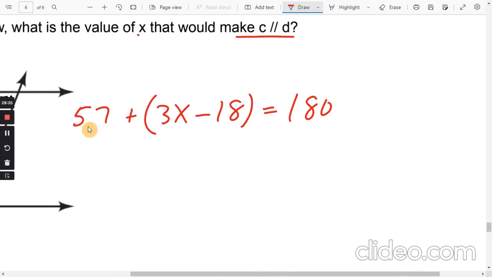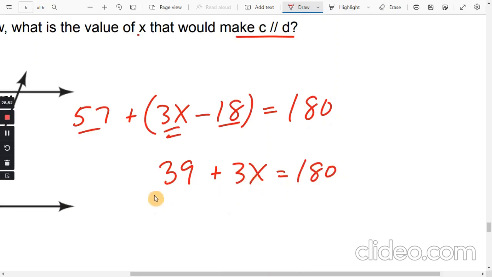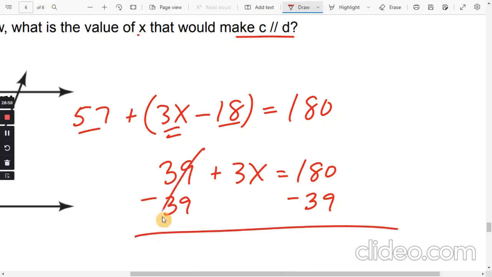Combining likes, 57 minus 18. Let's see, 57 minus 20 is 37. That's going to be 39. And we still have 3x, nothing to combine. Equals 180. Okay, solving for 3x. We want to get rid of 39. Cancels here.